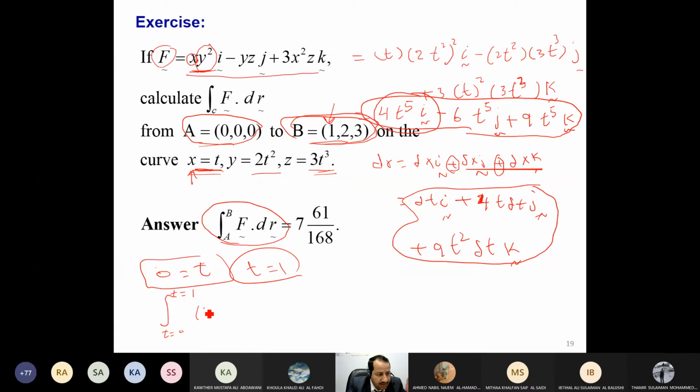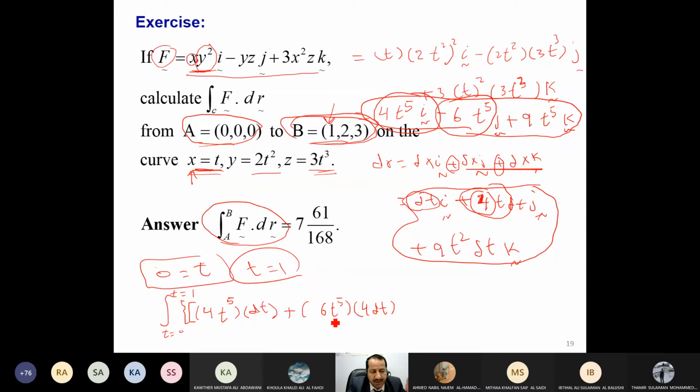I come here to say 4 t to the power 5 multiplied by dt, plus, what else? The j element is this part, 6 t to the power 5, and this part, 4 dt.